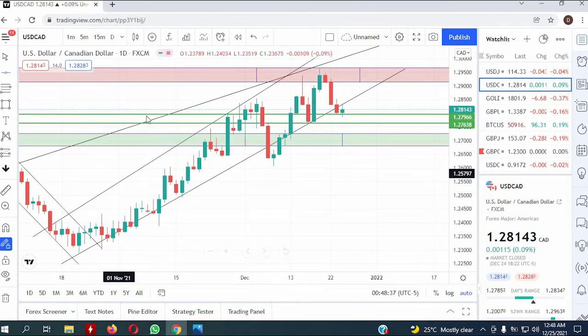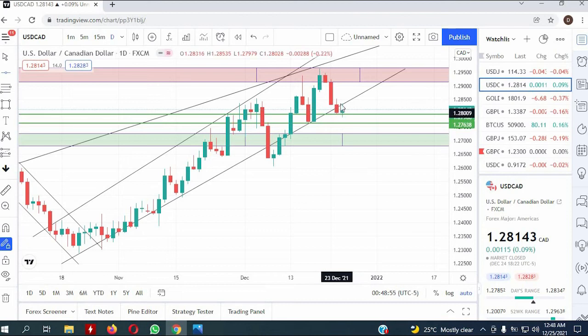So on the daily time frame, the USD CAD is currently breaking the bullish trend line and is showing signs of reversal.